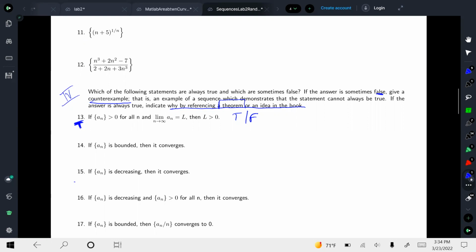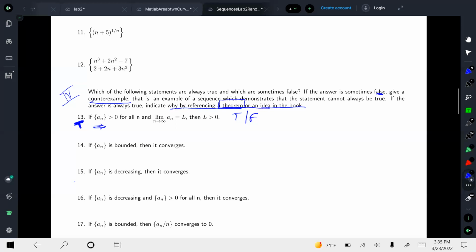But remember, if you say it is true, you need to support your answer by mentioning a theorem or an idea, or if you have a lemma or proposition in your textbook or in your lecture notes, you need to mention that theorem along with the statement, to support your answer only if the statement is true.